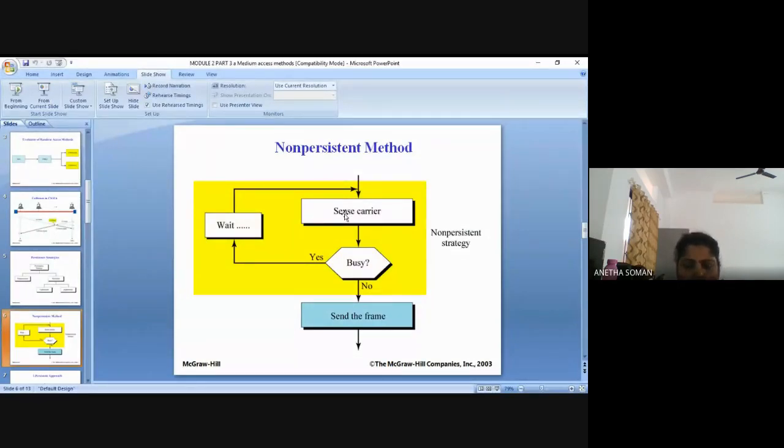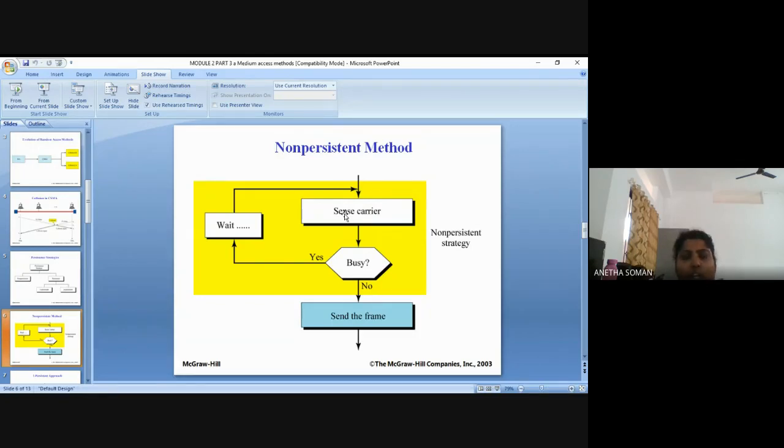I hope you all can see the slide. If the line is idle, it sends immediately. If the line is not idle, then it will wait for a random amount of time and then sense the line again. That is the concept of the non-persistent method.